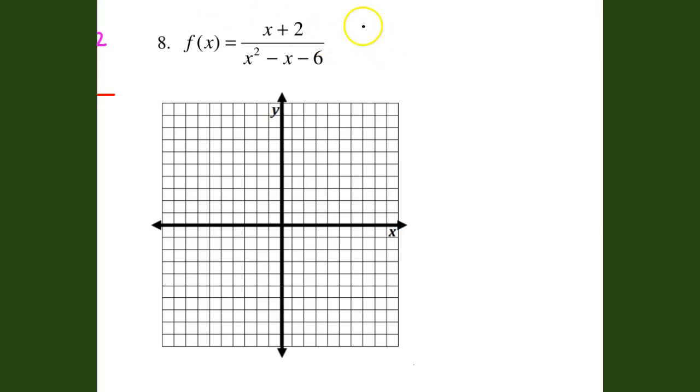So this time we have the bottom that's going to factor. The top will stay the same, can't do anything there. So we'll have what two numbers multiply to 1 times negative 6, negative 6, and add to negative 1.